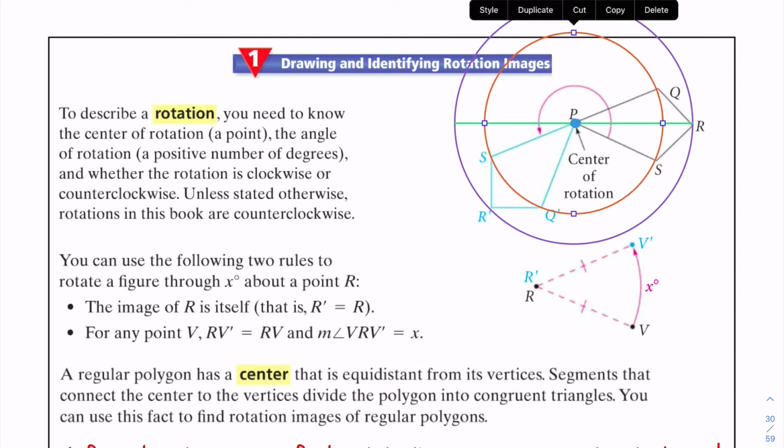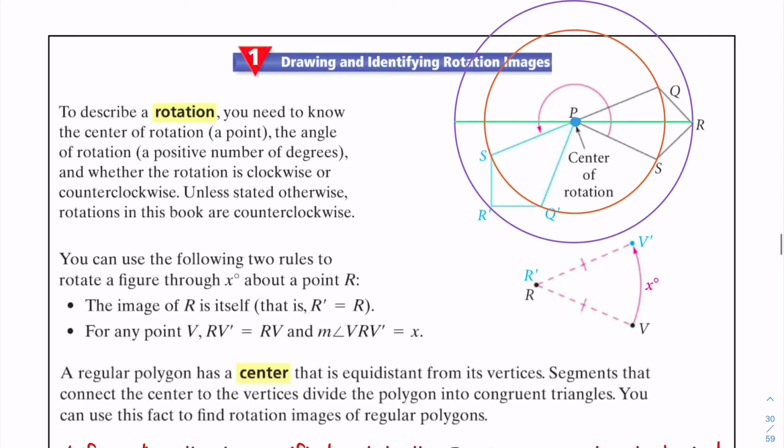It is perfect in reality, but I can only do so good of a job here, assuming that I'm perfectly centered. So S and Q are spinning and they stay on the circle no matter what. If I only rotate it 90 degrees, Q and S end up over here. If I do 180, they end up maybe over here. If I do 270, they end up over here. So no matter what, Q and S stay on that circle and R stays on the outer circle.